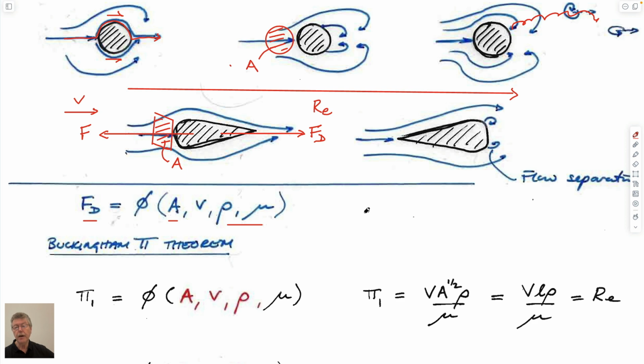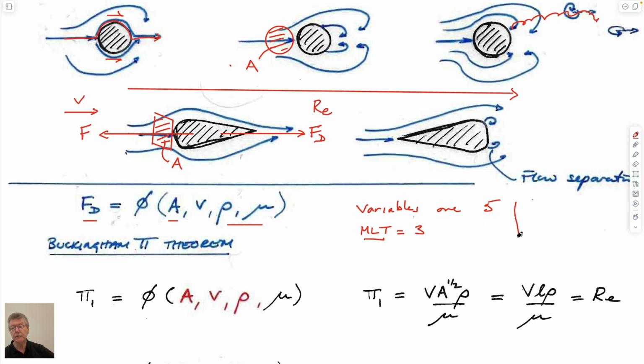So from Buckingham pi, we know that the variables are 5. We know that mass, length, and time: mass is in here, time is in here, in velocity, and length is in here. So we have all three of those represented. So that's 3.